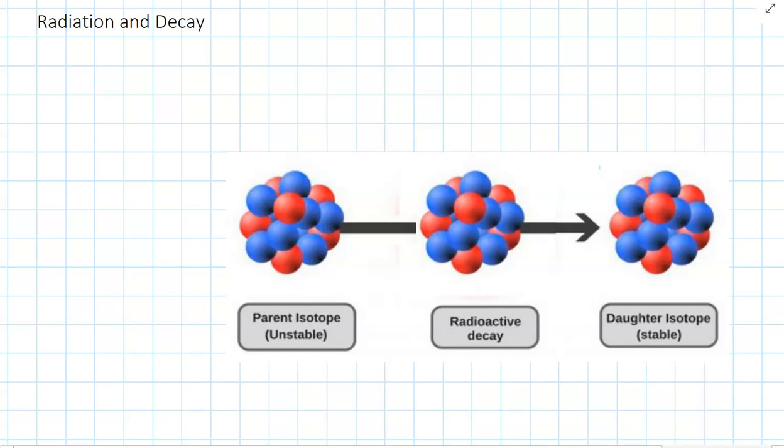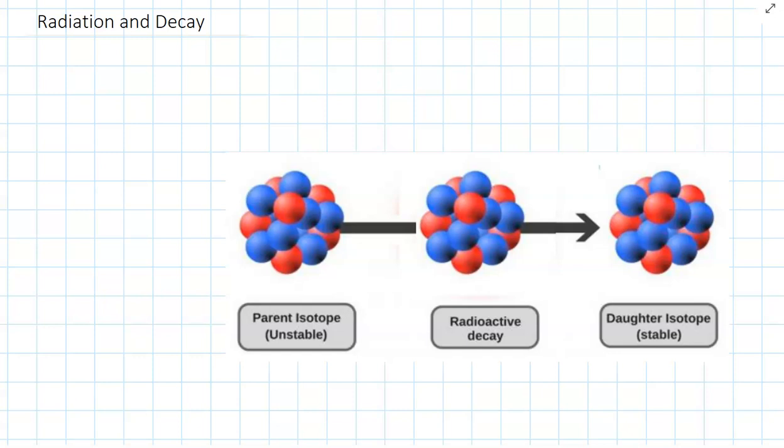So, radiation is released from some kinds of atoms. After scientists had discovered isotopes, they discovered that some of these isotopes actually release energy, which they called radiation.